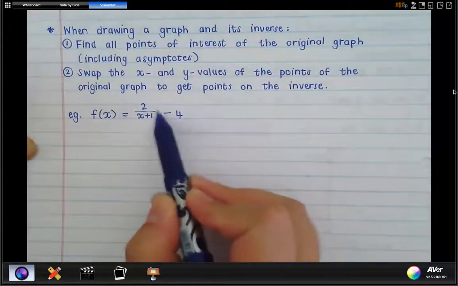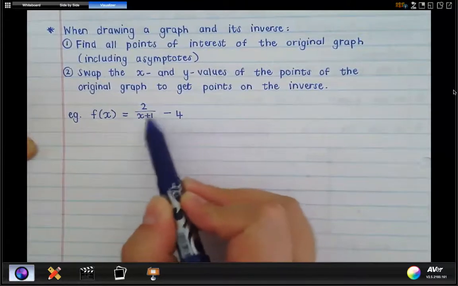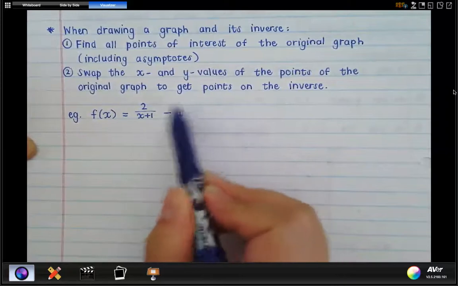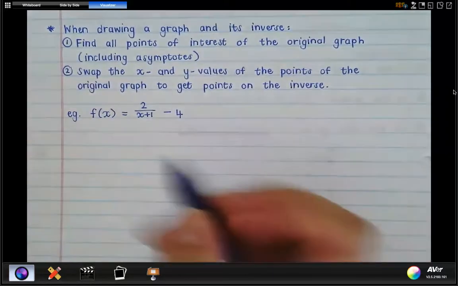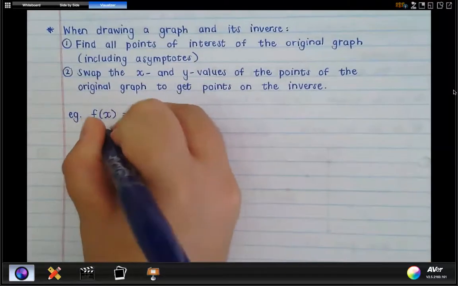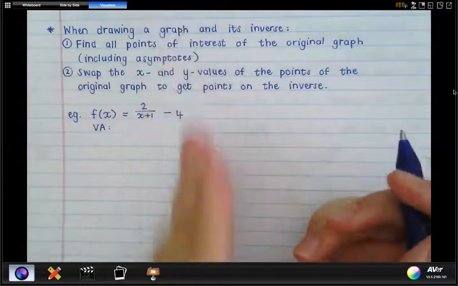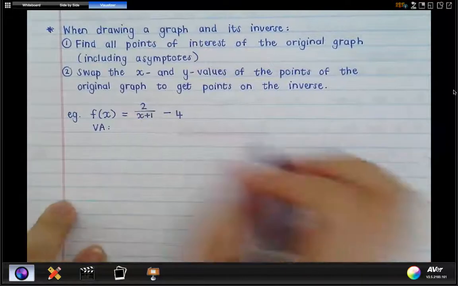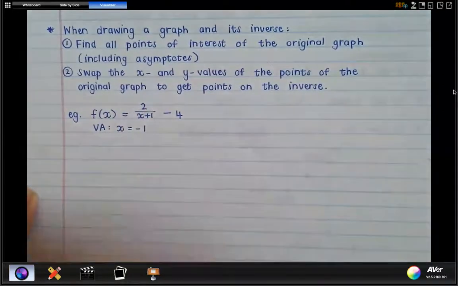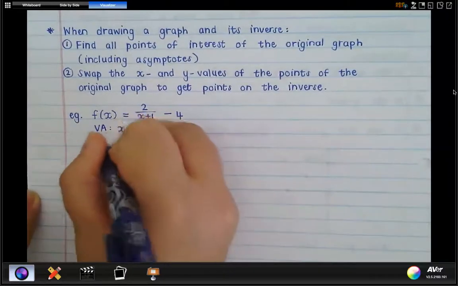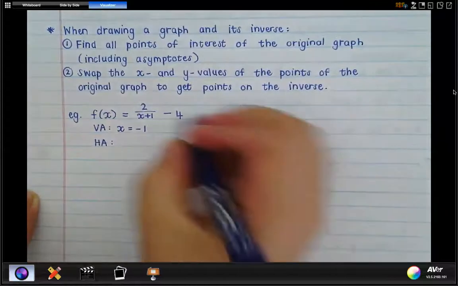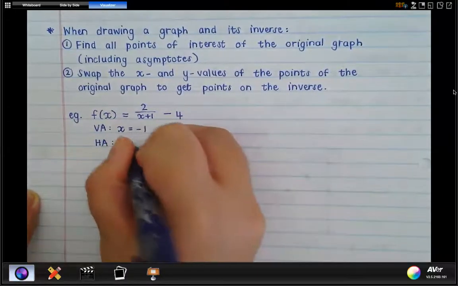We're going to have two asymptotes. Remember that we have an x asymptote that we find by looking at the denominator, and then the y asymptote is the one that is just the q value. So, apologies, the vertical asymptote, vertical is that one, all right? So that x asymptote is going to be x equals -1. The horizontal asymptote, that one, is going to be y equals -4.